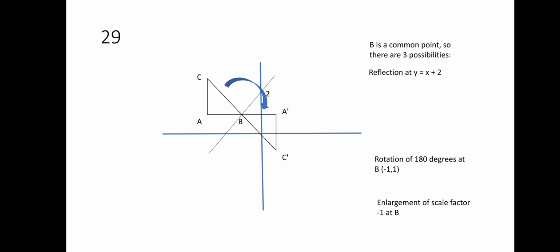So that's a third possibility. But out of these 3, it's probably more straightforward to use either the reflection or the rotation. The rotation is probably the simplest, but any of these 3 would be acceptable.